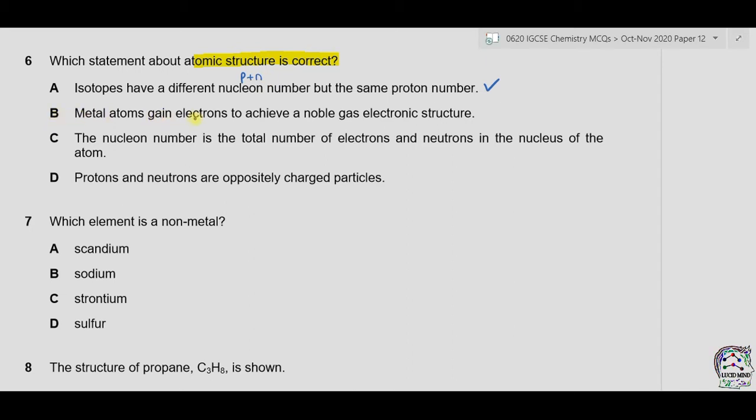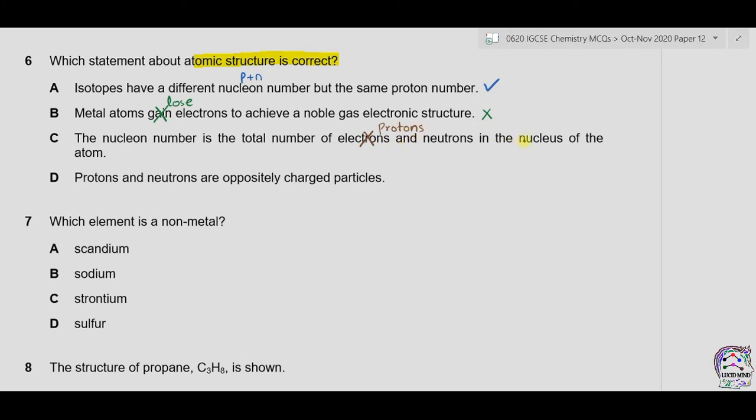B. Metal atom gains electron to achieve a noble gas electronic structure. Now this is false because metals always lose electrons to achieve noble gas configuration. C. The nucleon number is the total number of electrons and neutrons in the nucleus of an atom. Now this is not true because it is the number of protons and neutrons in the nucleus.